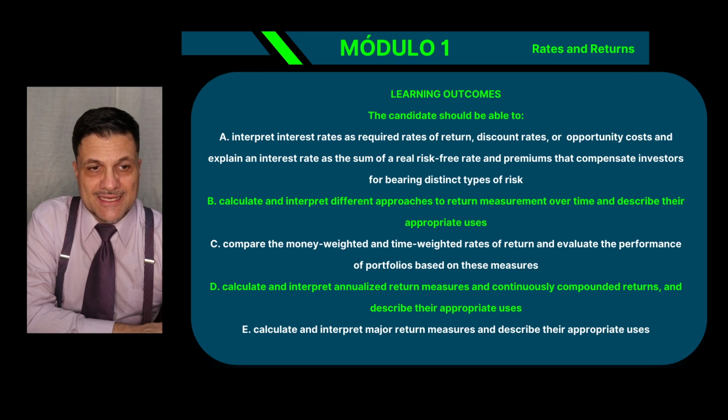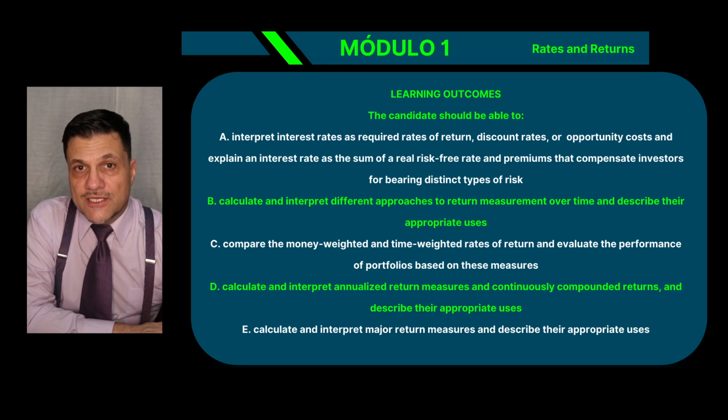Interpret and explain. So I don't need to calculate anything yet, right? I need to understand and I need to interpret. So what is a rate of return? What do I need to measure that? What are the types? How many are there? What are the most important ones? What is a discount rate? What is the difference? Well, rate of return is what you expect to earn.